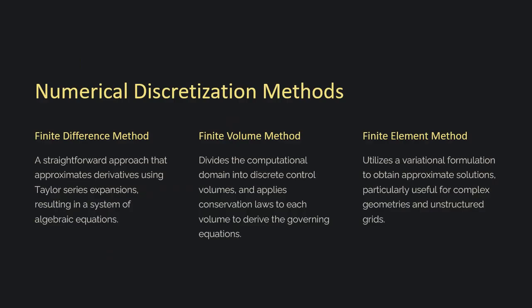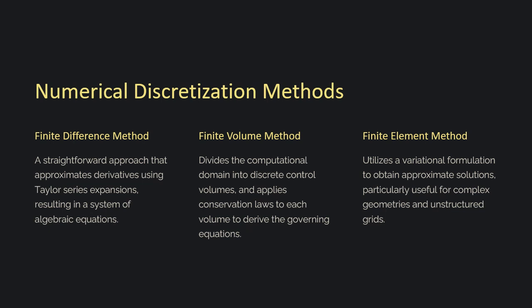Moving on to the numerical discretization methods. We have the finite difference method, a straightforward approach that approximates the derivatives using Taylor series expansions, resulting in a system of algebraic equations.